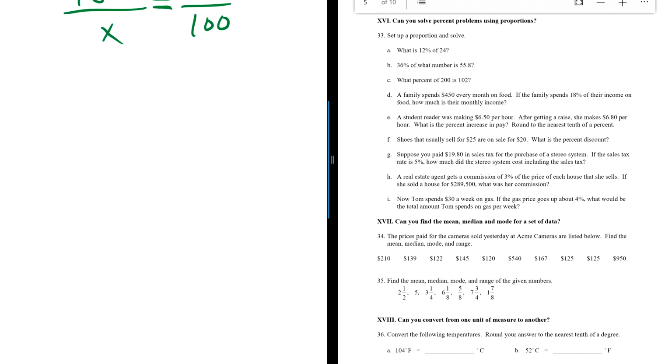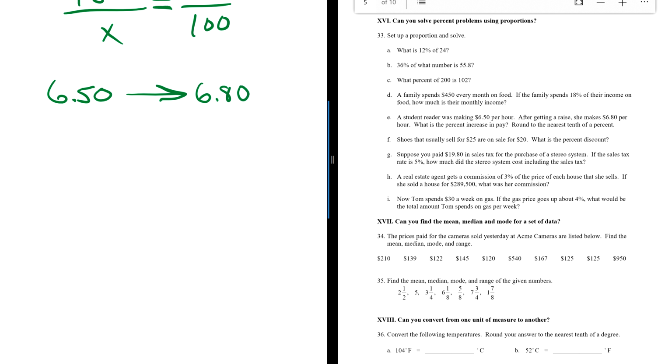All right, how about the E? A student reader was making $6.50 per hour. After getting a raise, she makes $6.80 per hour. What is the percent increase in pay? Okay, well, we did this, and it was like he was getting $6.50, and then they got a rate increase up to $6.80.